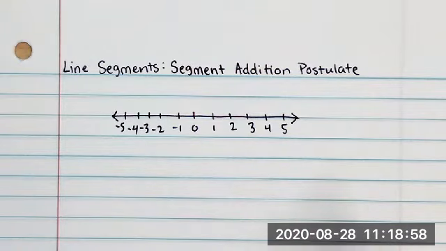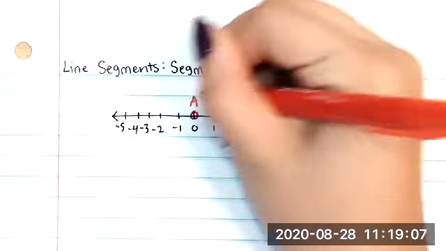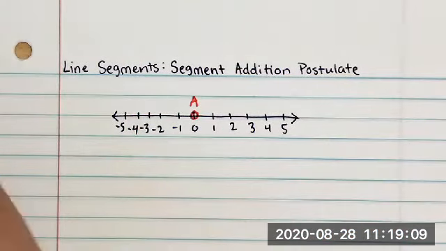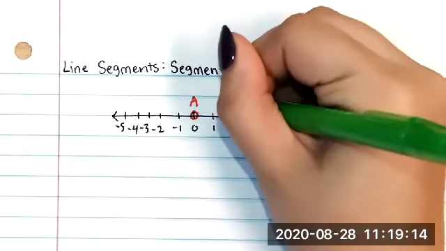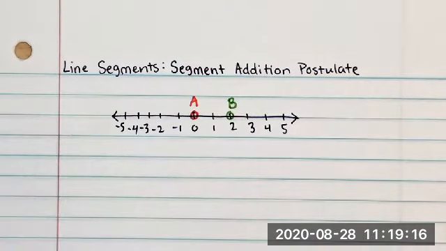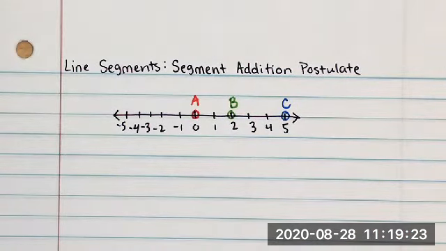And if we were to drop points on this line, they could be representing line segments in a way. So let's say I drop A at 0, I drop B at 2, and I drop C at 5. This could be a way of representing two different line segments and their lengths.